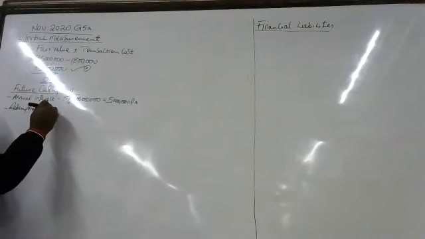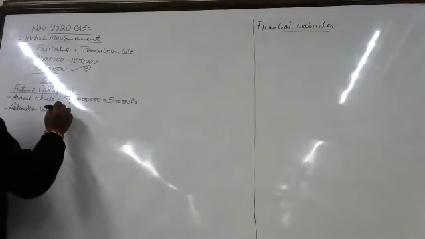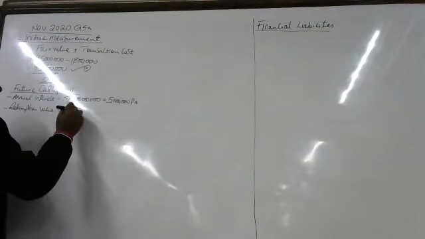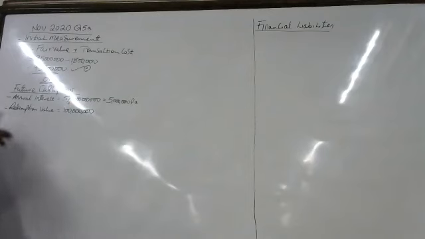This bond is to be redeemed at the end of 3 years at face value, 100 million. So at the end of the 3rd year, this company will pay 100 million to the investor who purchased those bonds.